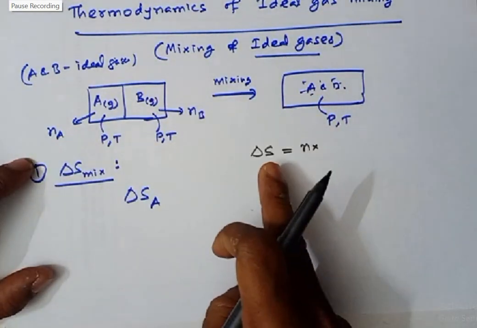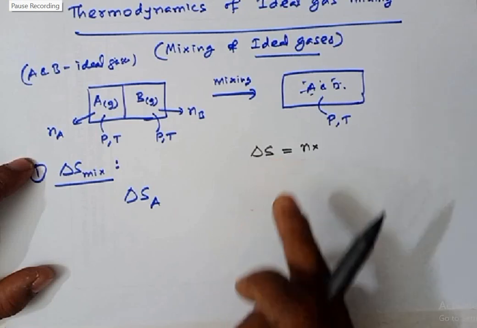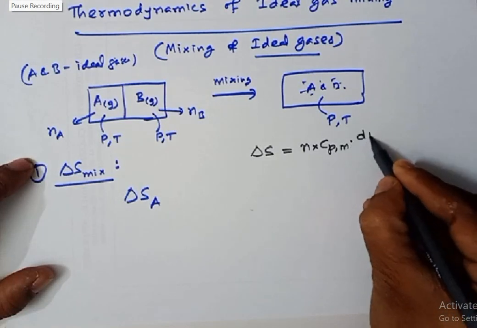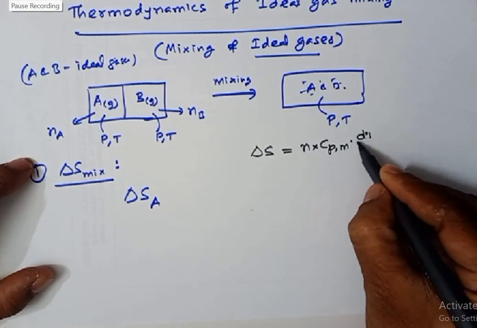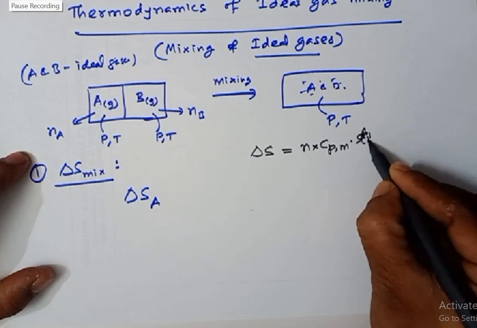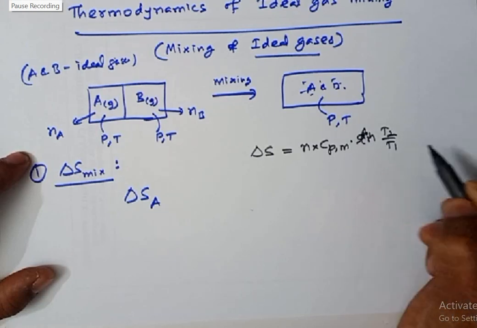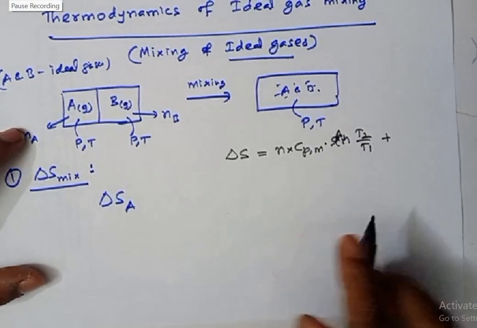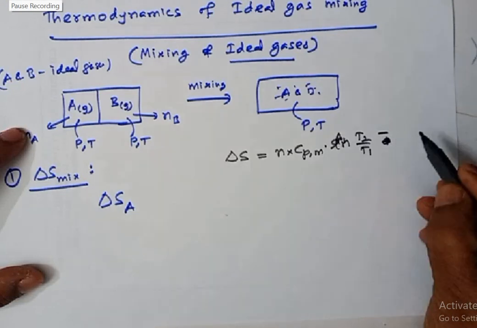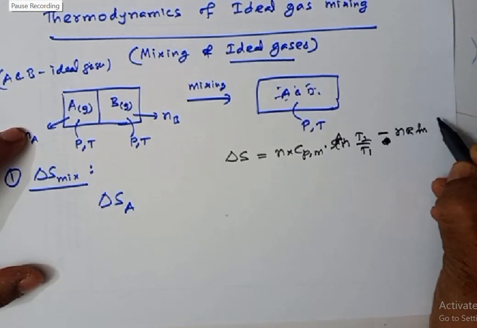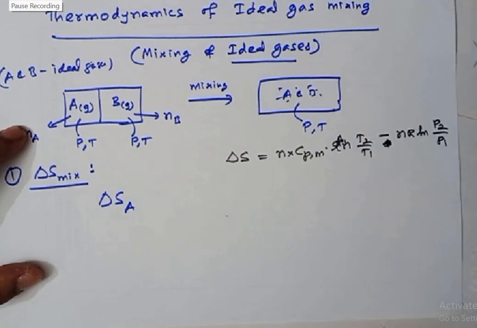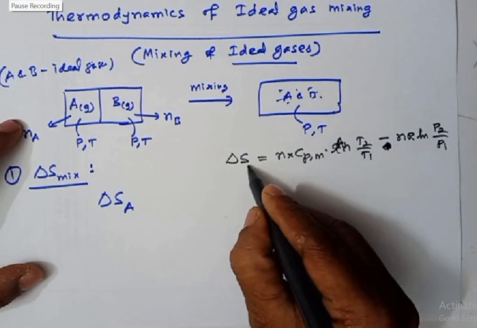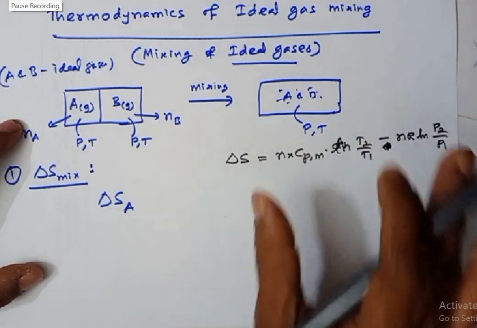At constant pressure, you can write delta S equal to N into CPM ln T2 by T1, plus, observe carefully, minus NR ln P2 by P1. Note down, this is an equation used to calculate change in entropy for a gas.